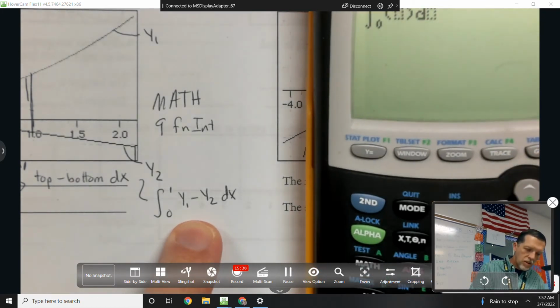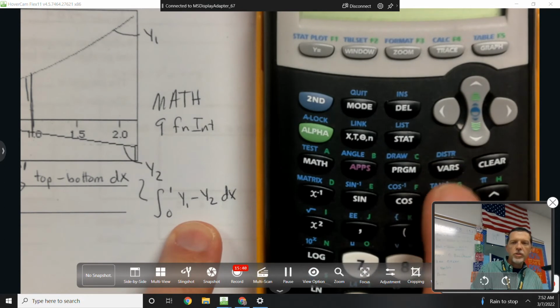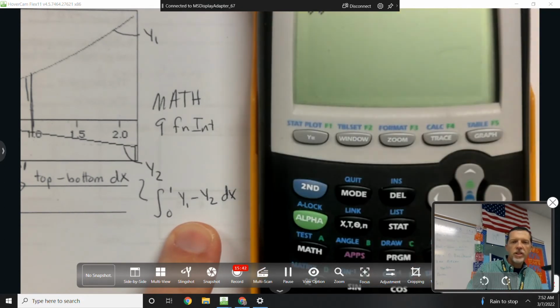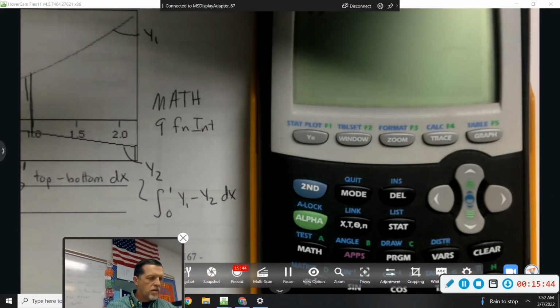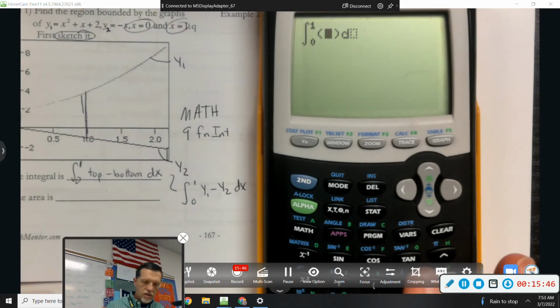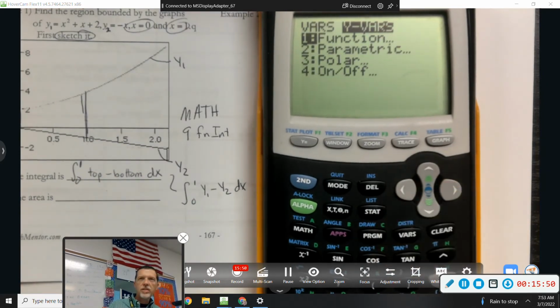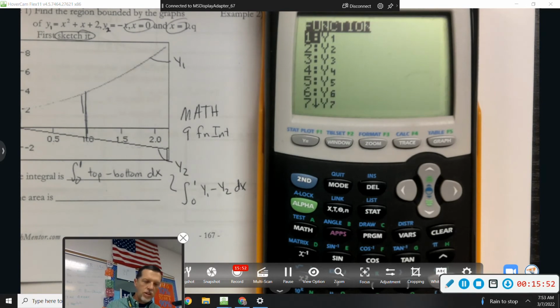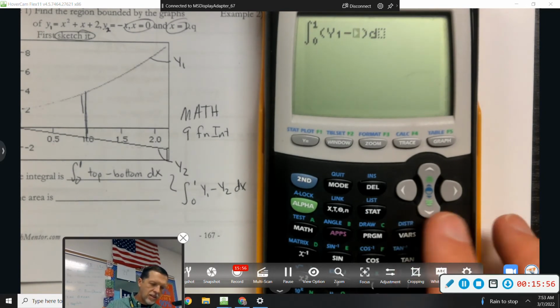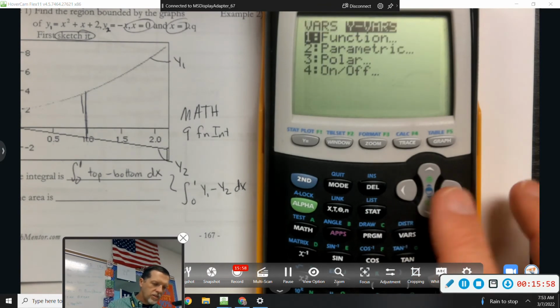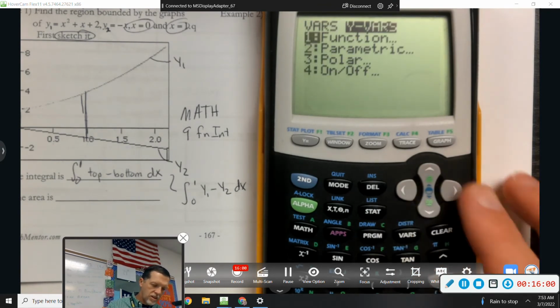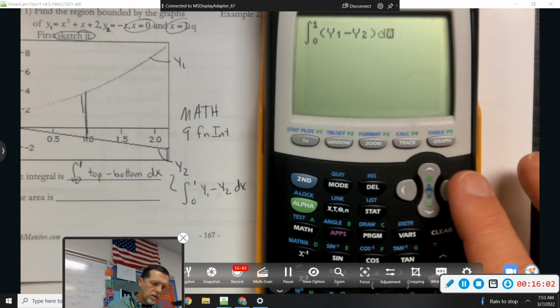So those are variables. So you go to vars. And those are y variables. It's a function. And you want to do y1 minus vars, y vars, y2 dx.